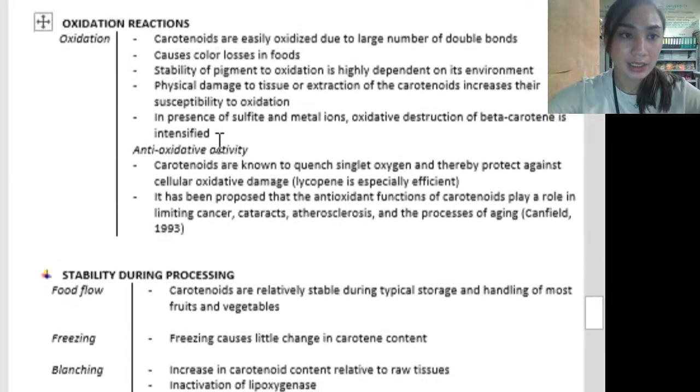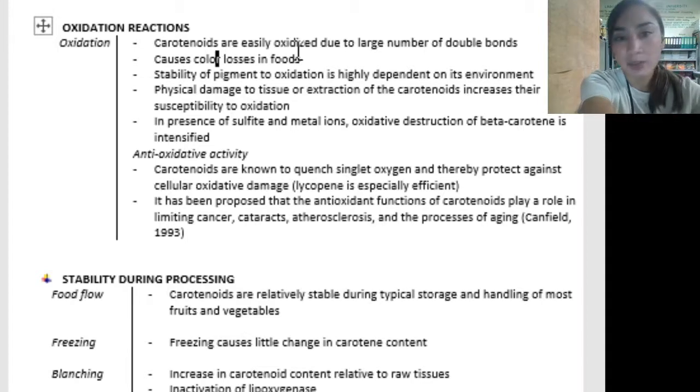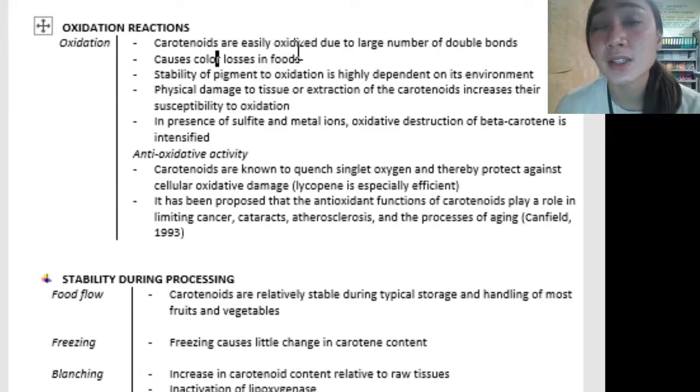Okay, so tignan naman natin yung reaction of carotenoids with oxidation. With oxidation, carotenoids are easily oxidized kasi mataas yung number ng double bonds niya. So, anong kinalaman ng double bonds, no? Every time there is a structure of double bonds, mas gusto kasi ng isang structure na single bonds lang lahat.